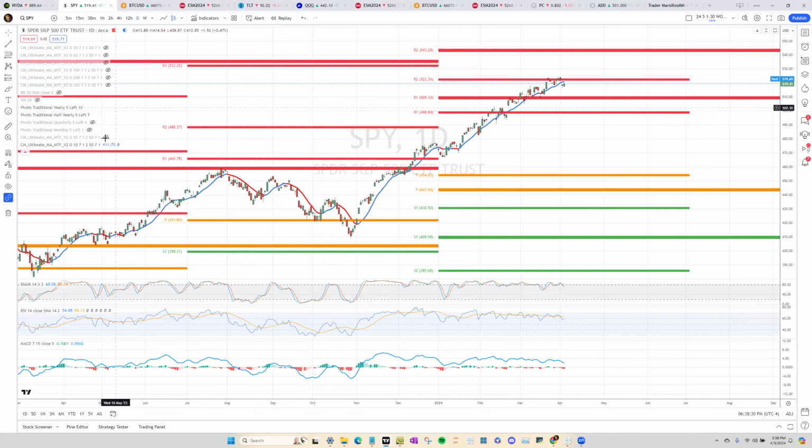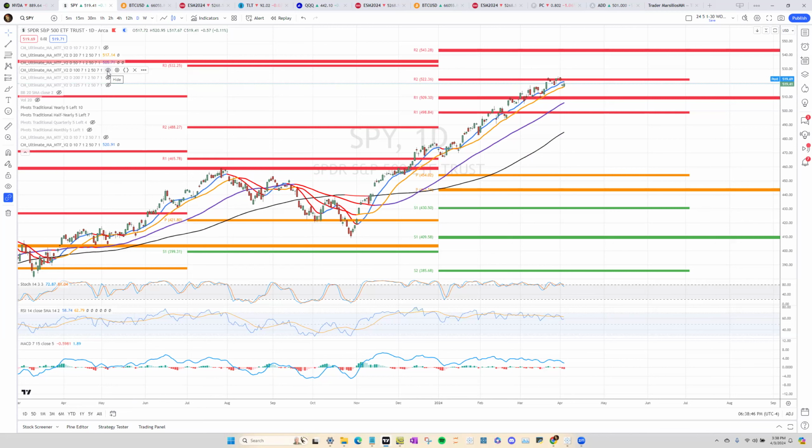So this is the 20 in orange, just the way I have it set up. 50 in purple. Again, choose what colors you like, but always defaulting to the red on the downward sloping. And then 100, 200.